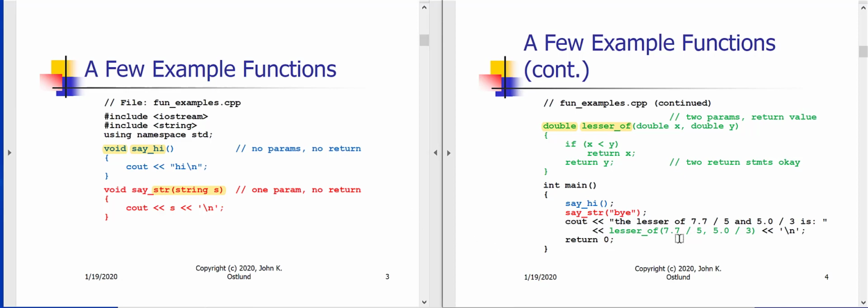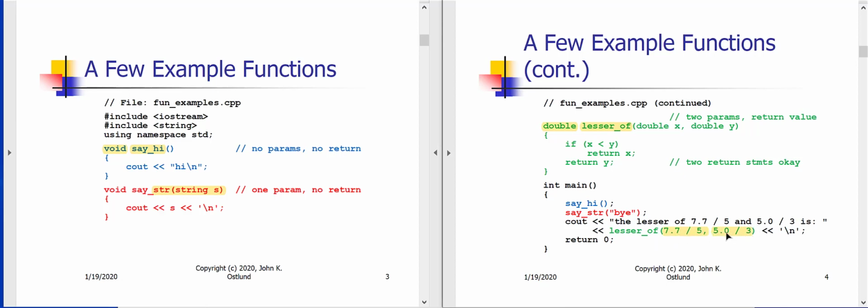And then in the third statement in main, which is long and split across these two lines, we're going to first display some text, "the lesser of 7.7 fifths and 5.0 thirds is", okay, and then we're calling lesserOf, which is going to pass in the results of these two divisions, 7.7 fifths and 5.0 thirds.